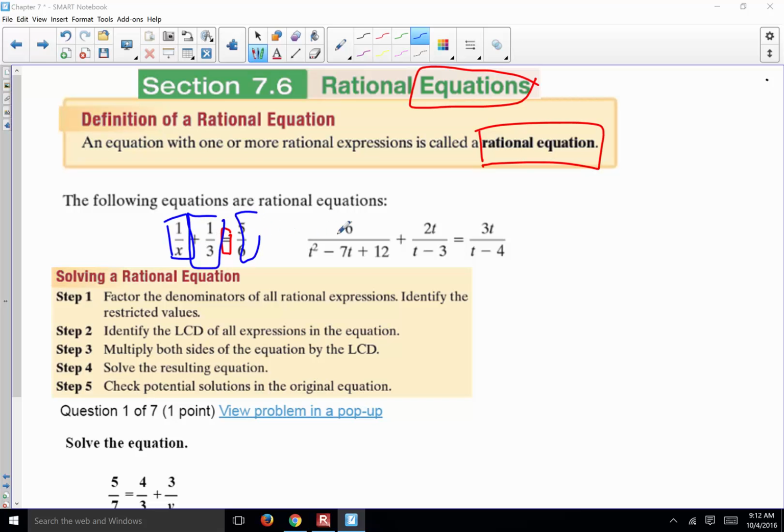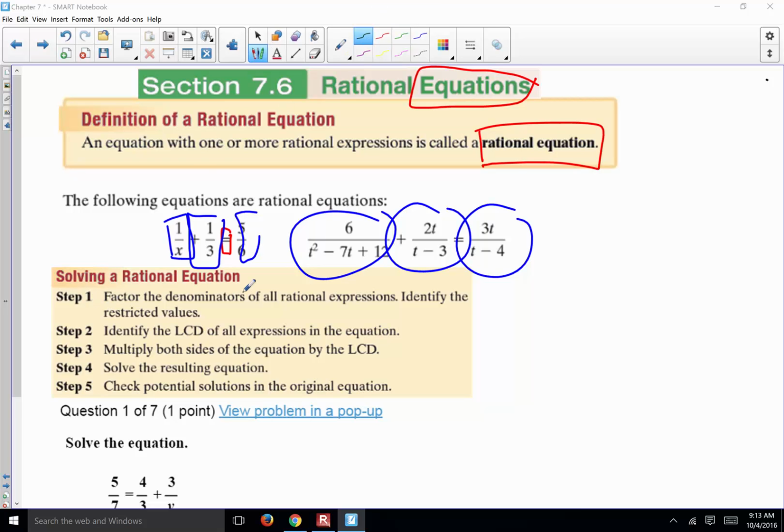This one has 3. This one has 3 as well, with a lot more complicated denominators though. These are all called rational equations. So whenever you see any kind of equation similar to one of these, here's what you need to do. You're going to follow 5 steps. Let me first read through the steps quickly, and we will apply that to the first question.